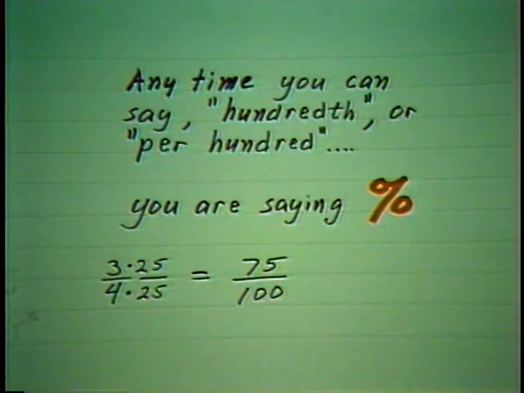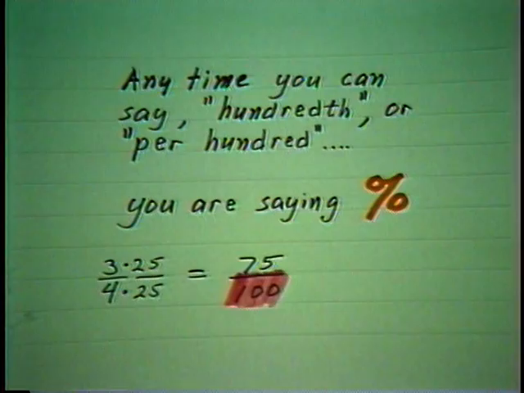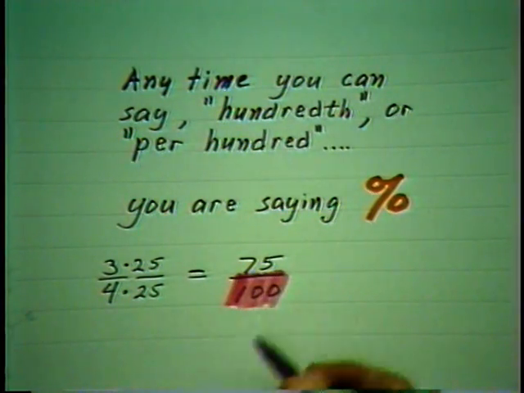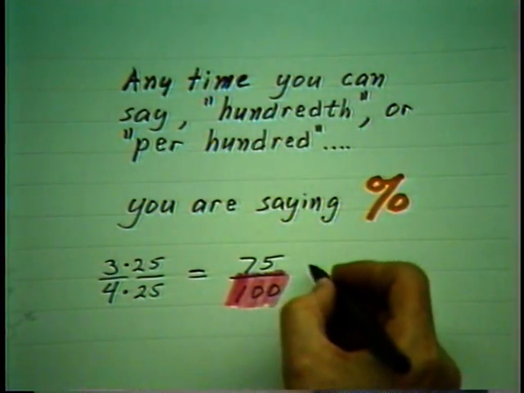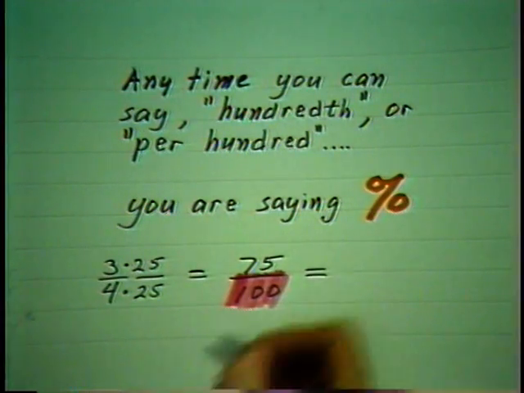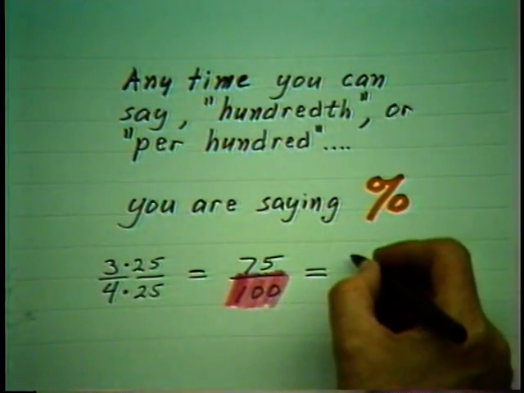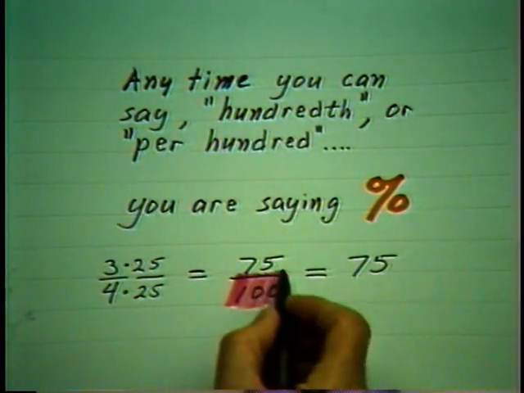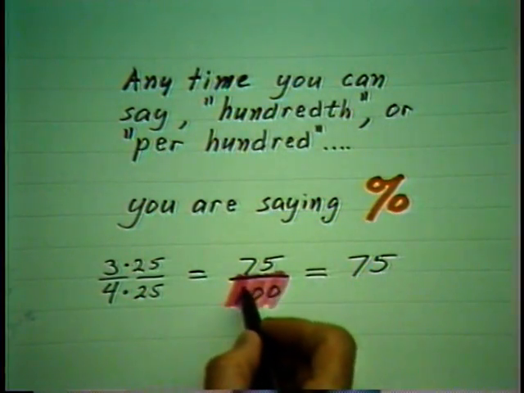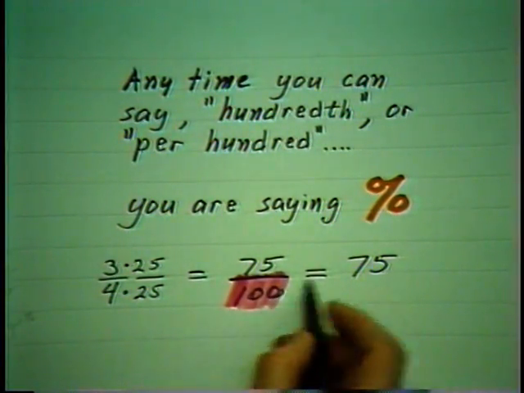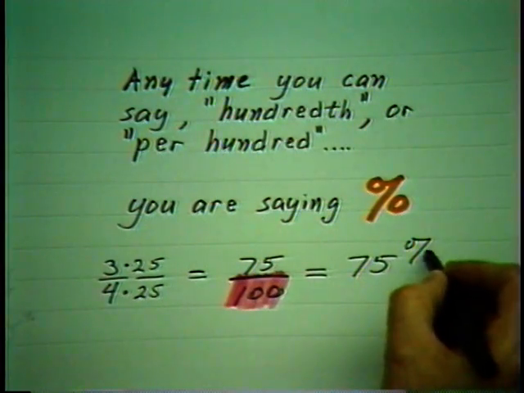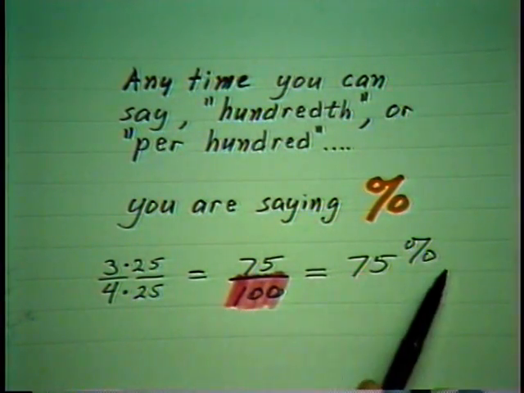Now, instead of writing the per 100 in normal denominator form, we're simply choosing to replace this per 100 written this way by this mark right here, percent.